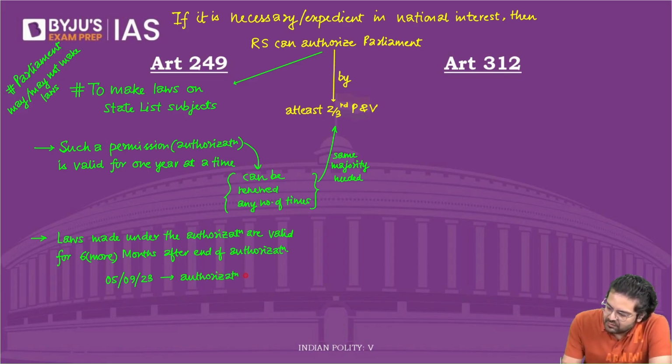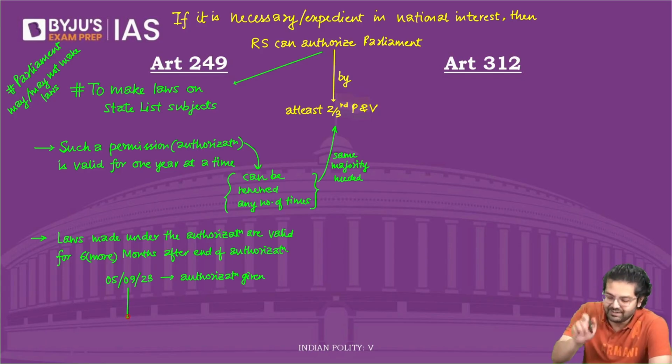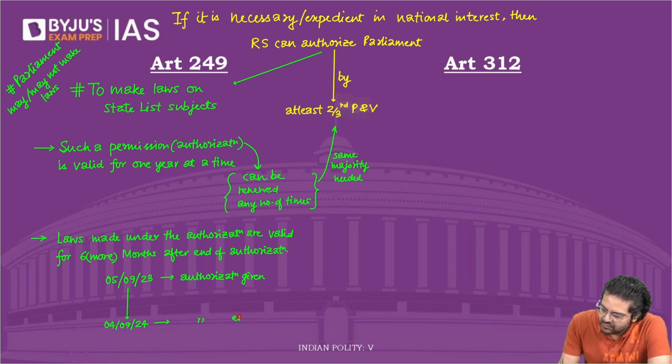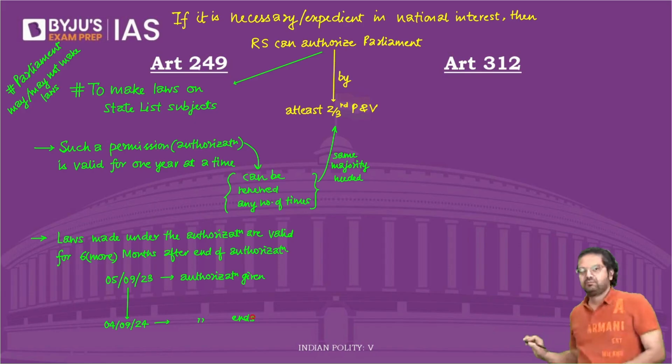Authorization given. Now, this authorization is valid for how many years? 1 year at a time. So, on the 4th of September 2024, next year, authorization or permission ends. Clear?